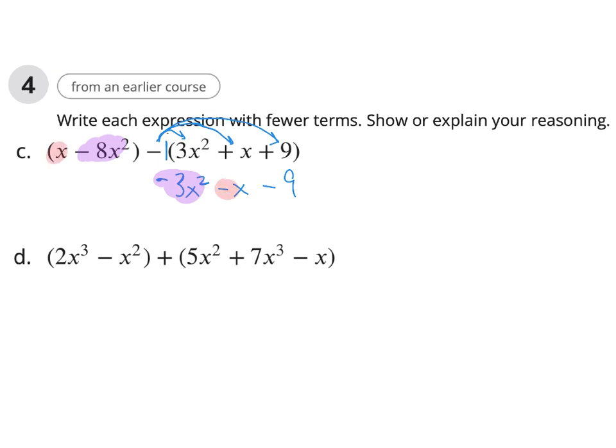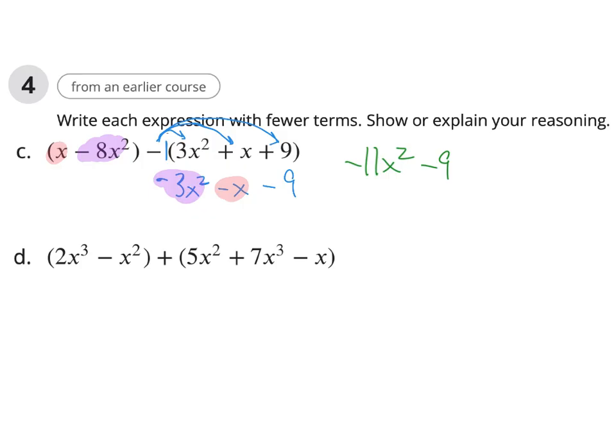X and negative x are the same, and negative 9 is not like anything else. So negative 8 plus negative 3 is negative 11x squared. X minus x is 0, and we're just left with negative 9. So this comes down to fewer terms.